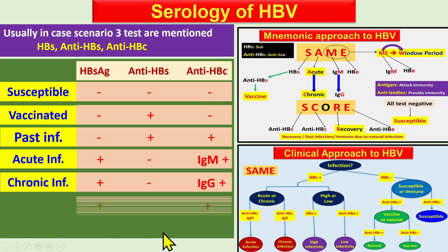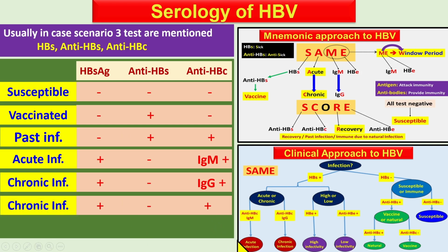Okay, and if they show that HBS is positive and only anti-HBC is mentioned, this is chronic infection. Anti-HBC only actually represents IgG in most cases, so we consider it as IgG. So this is again the chronic infection case.